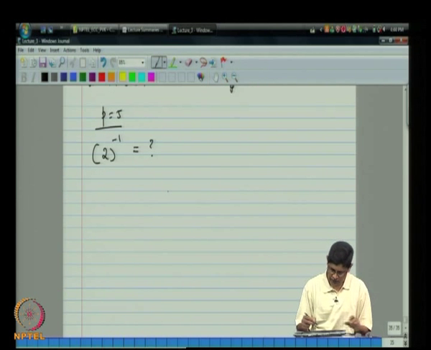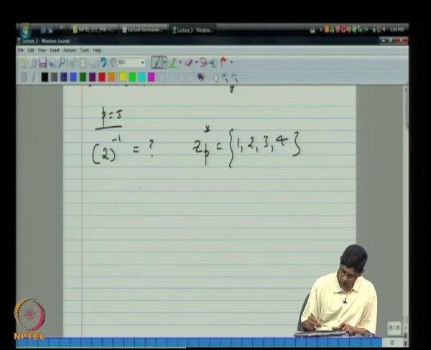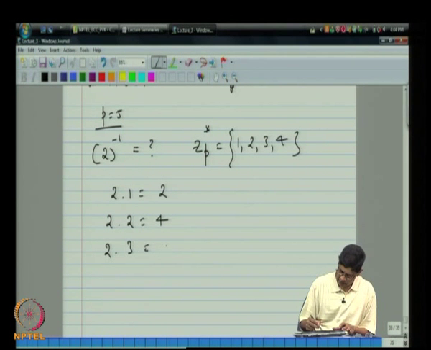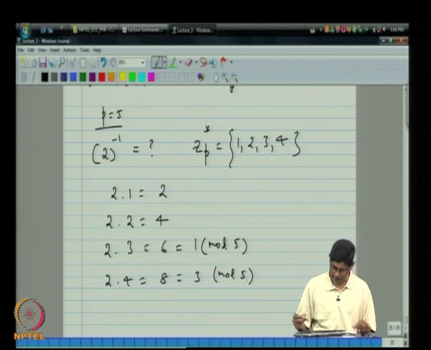We know that Z P star consists of 1, 2, 3, 4. So, we take 2 and multiply all these elements into it. 2 into 1 is 2, 2 into 2 is 4, 2 into 3 is 6, which is 1 mod 5, and 2 into 4 is 8, which is 3 mod 5.